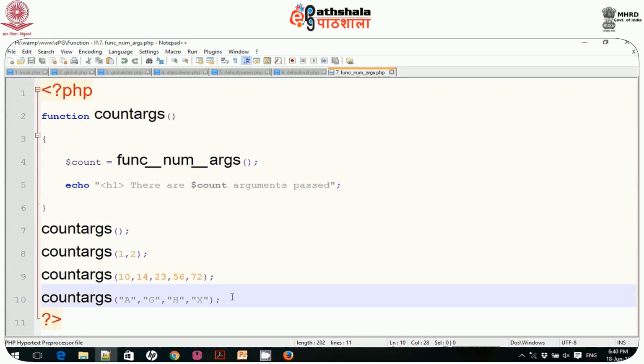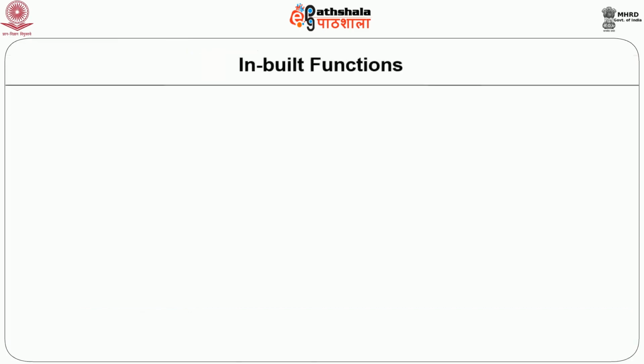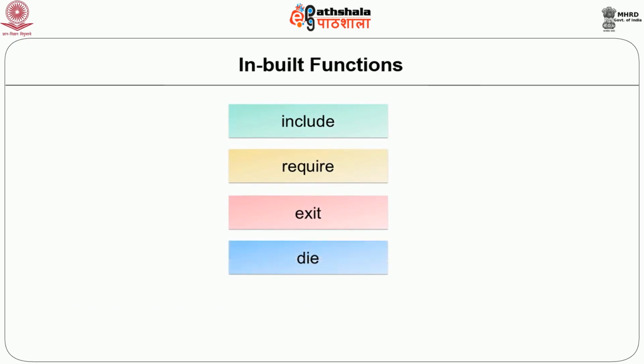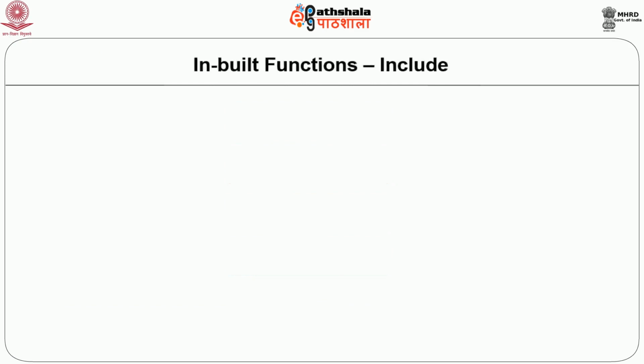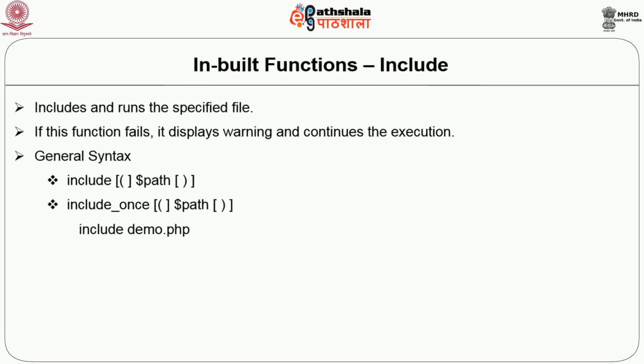Then the built-in functions provided by PHP are include and require. There is one more variation of each, include_once and require_once. The include function includes the file you specify and runs the script. That is very helpful when you want to move from one page to another.